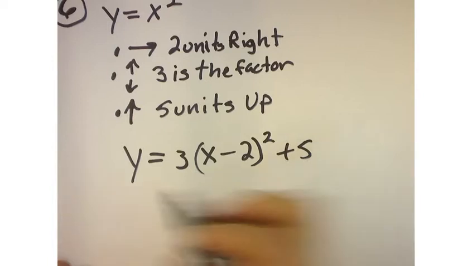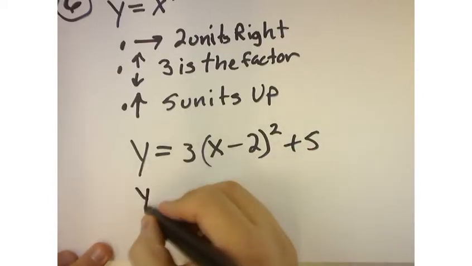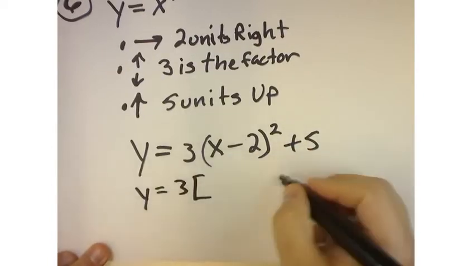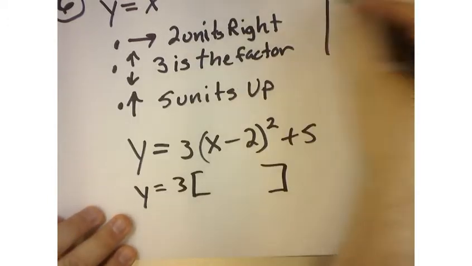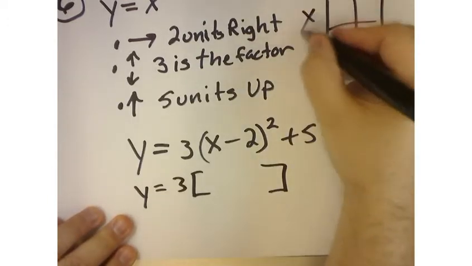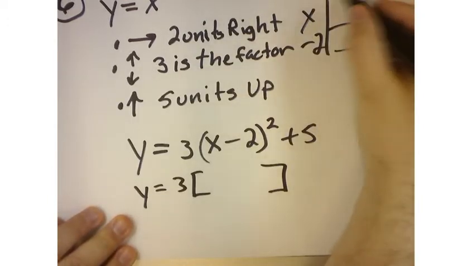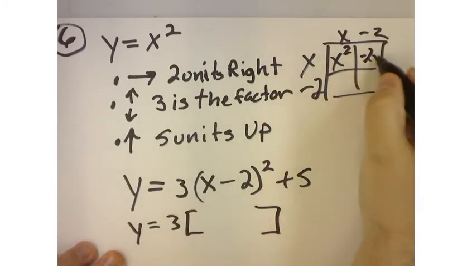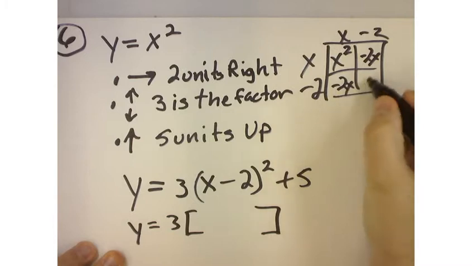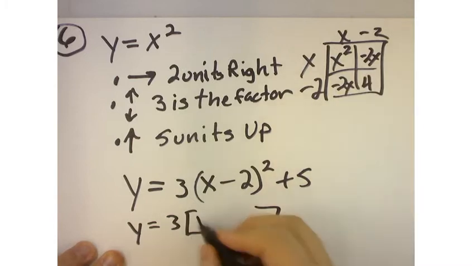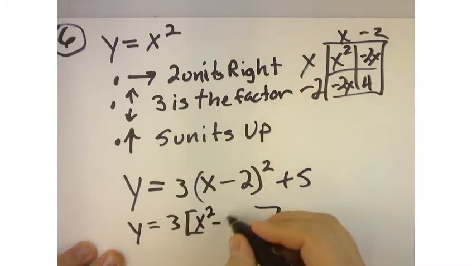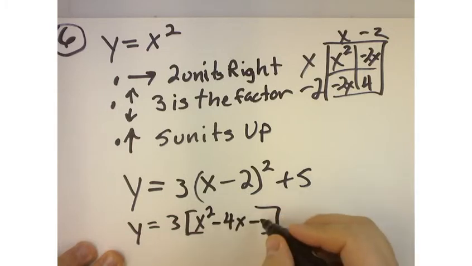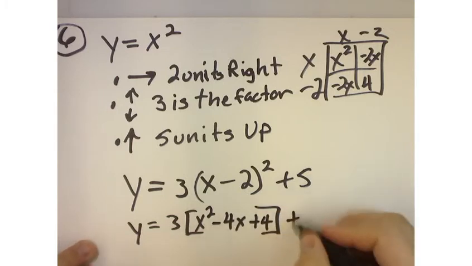So anyways, what I need to do now is expand that. I've got 3 times, and then I'm going to multiply x minus 2 times x minus 2. So I get x squared minus 2x plus 4. So that becomes x squared minus 4x plus 4 plus 5.